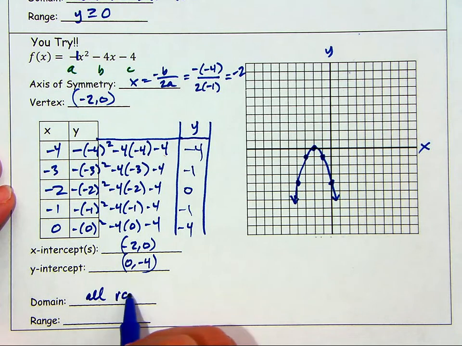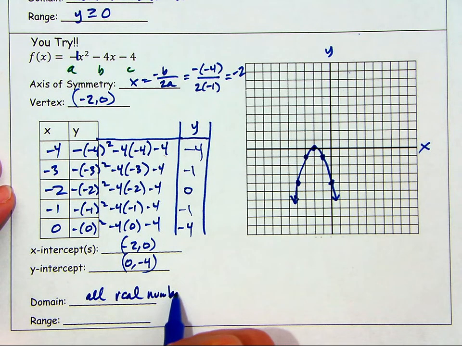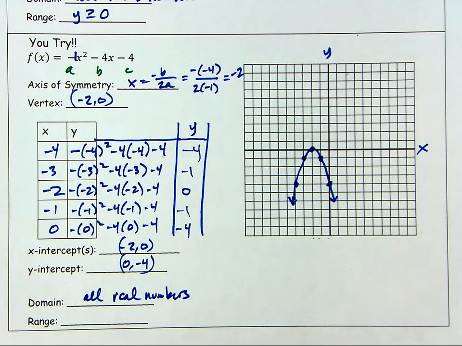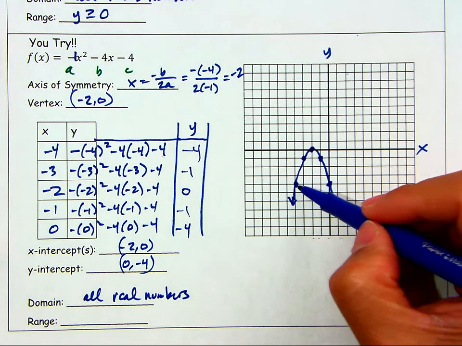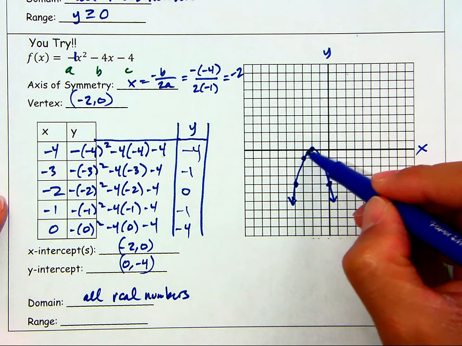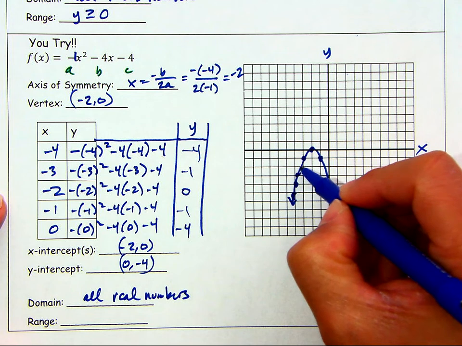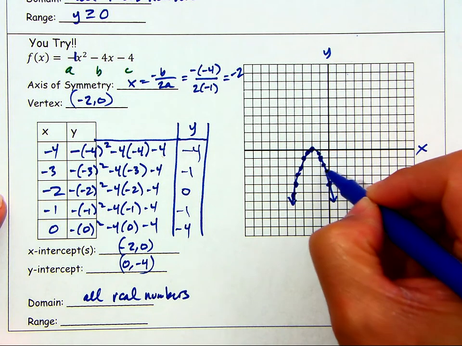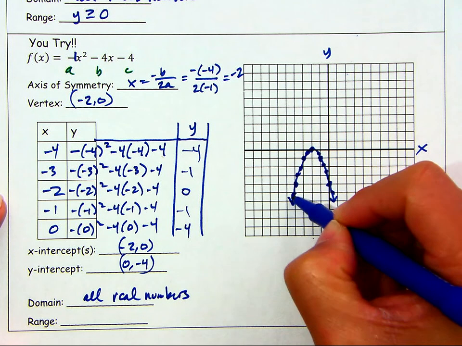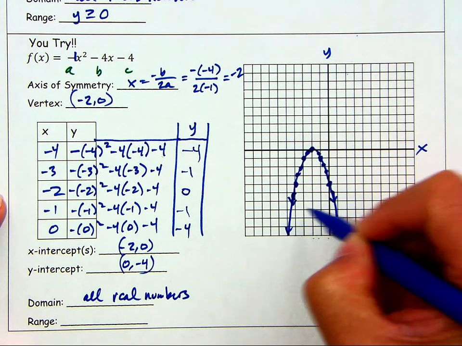Okay, and then now for our range. The range is the y-coordinates that are produced. Right now I only have 5 points that are easily identifiable on this curve, but there's hundreds, millions of points, trillions of points, all on this curve, right? And they just keep getting lower and lower and lower.